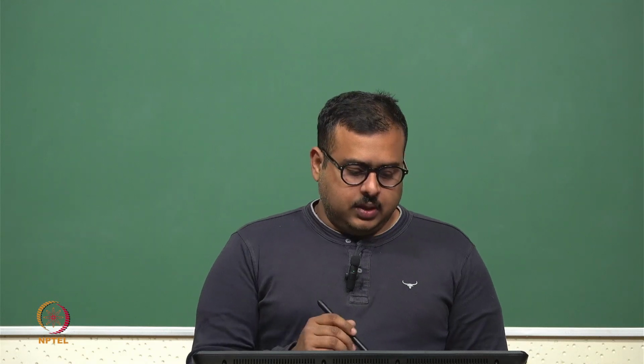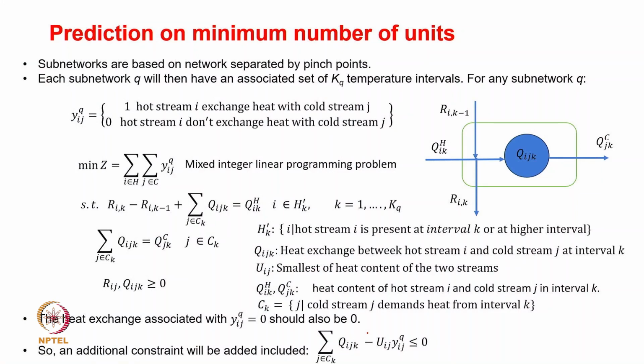I would also like to speak about the problem structure of this. You see that there are integer variables involved in here. 0 and 1 is an integer variable, but all the other variables are continuous. And all the summations can also be translated as linear equations or even linear inequalities.